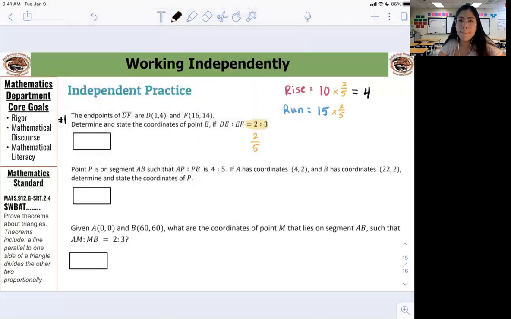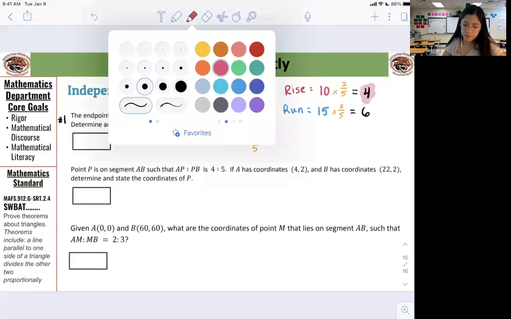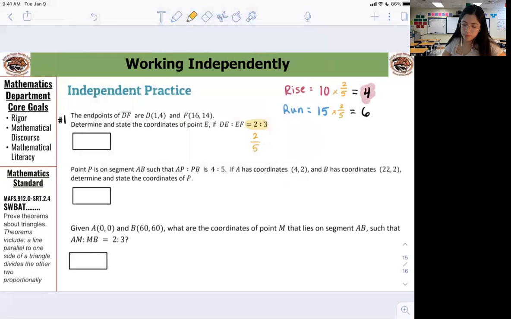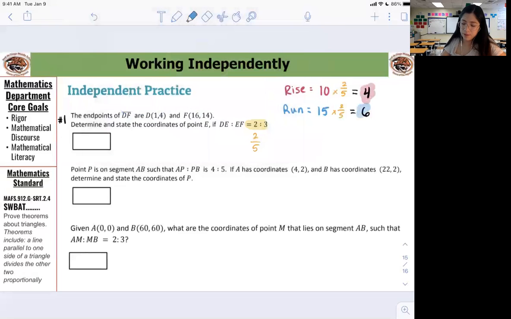And for my run? Good, 6. Again, pausing there, any questions on how I got 4 or how I got 6? Oops, wrong color. Okay. Tyrone? You sure?